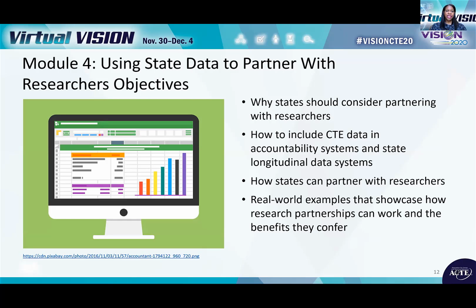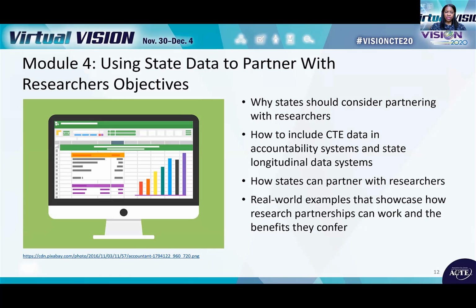Module 4 is on using state data to partner with researchers. And in this module, you'll be able to describe why states should partner with researchers and understand how to include CTE data in your state's accountability systems and state longitudinal data systems.